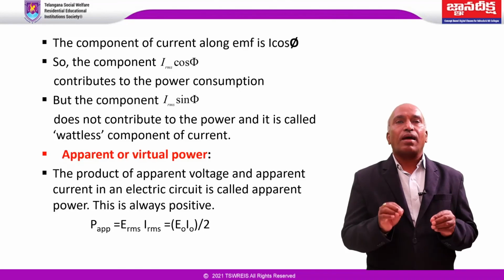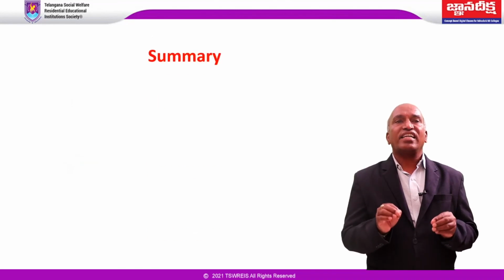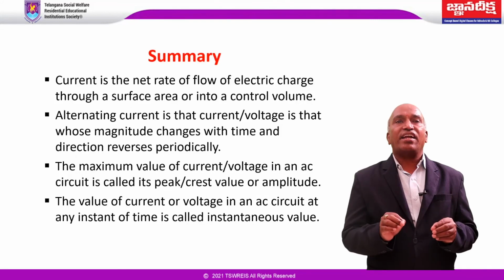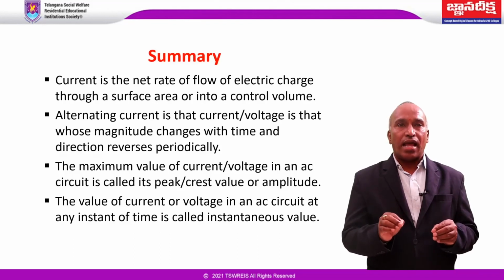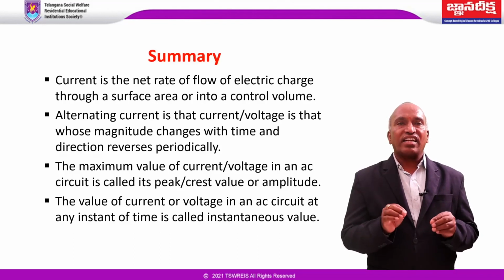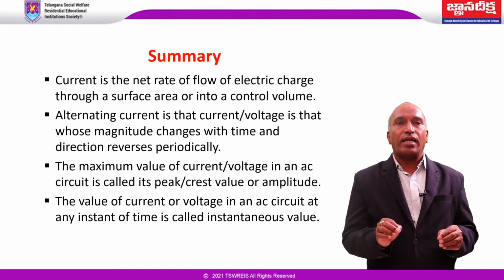Summary. Current is the net rate of flow of electric charge through a surface area or into a control volume. Alternating current is that current or voltage whose magnitude changes with time and direction reverses periodically.